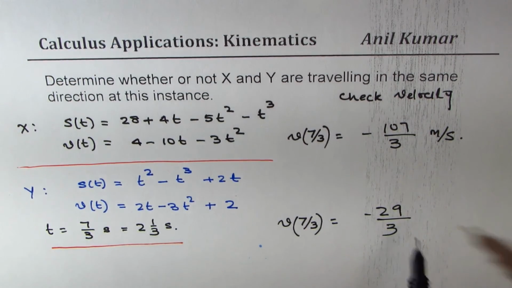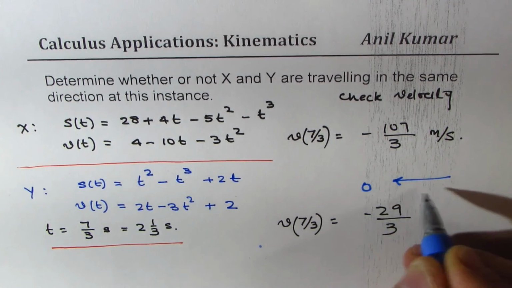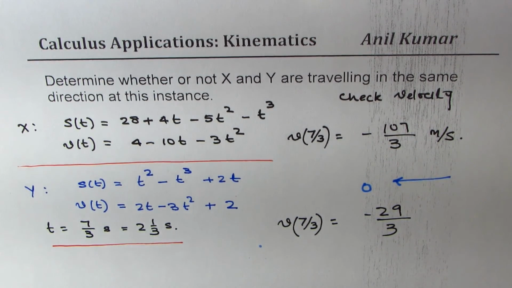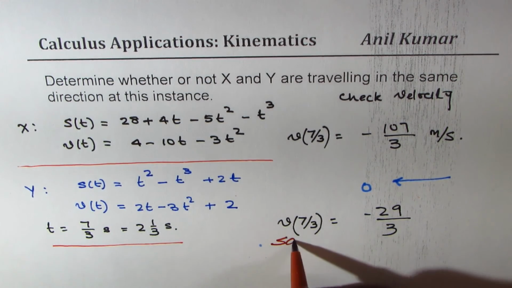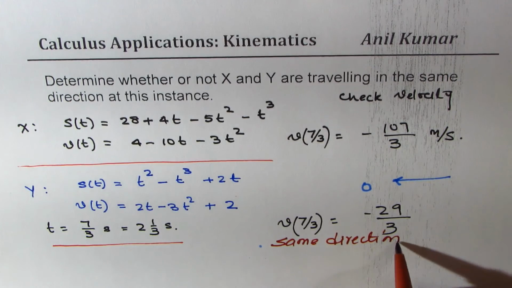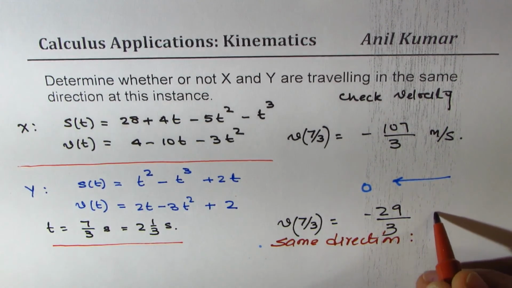So both negative means that both of them are approaching the origin. Do you understand? So they are traveling in the same direction, right? Since both are negative, we'll say they're traveling in the same direction. So the answer is same direction. Is it okay? So the direction is approaching origin.